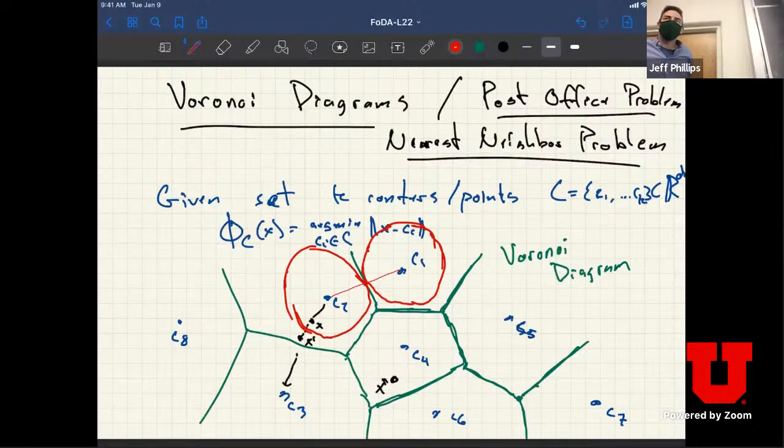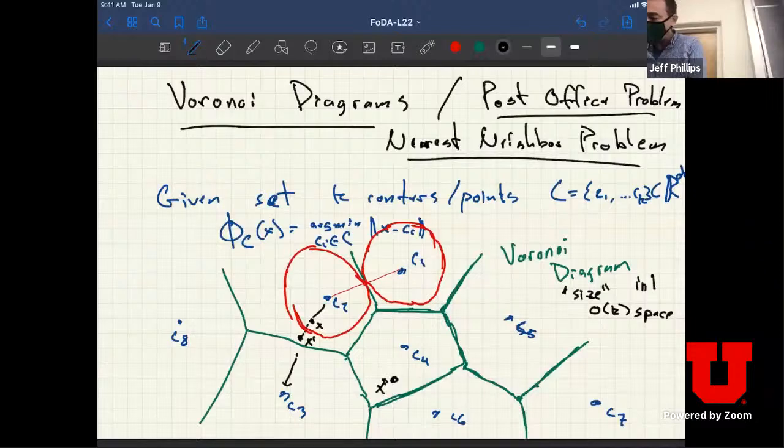What's nice about this is there are actually techniques from computational geometry for the plane. I'll just mention a few facts. I can represent the whole Voronoi diagram in O(K) space.